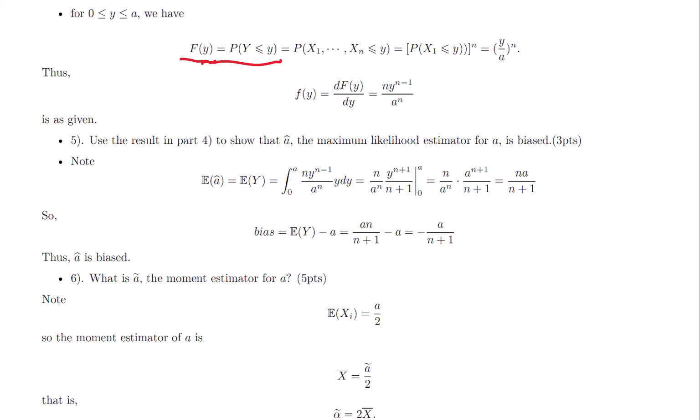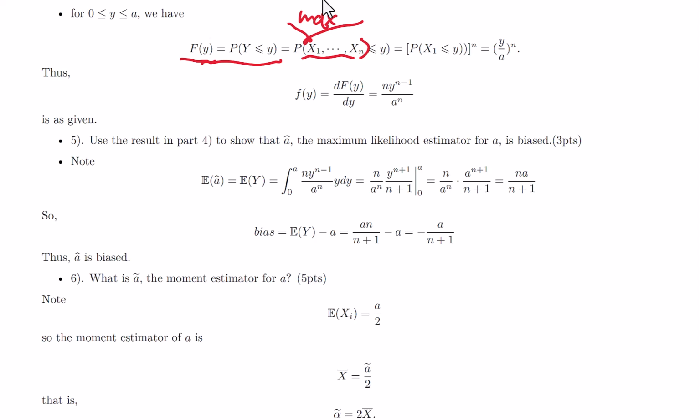And then we want to know the probability that the max of X1, X2, ..., Xn is less than y. Since the max is less than y, each individual one has to be less than y also.